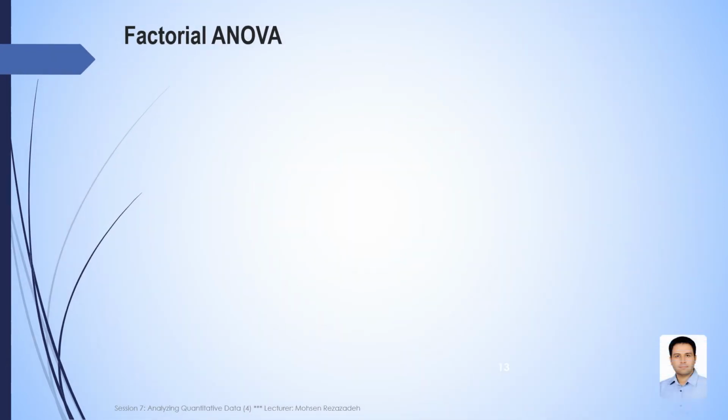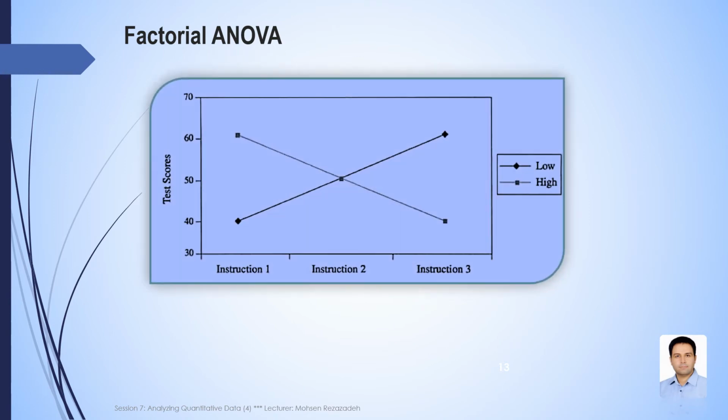As I said before, when there is more than one independent variable, the results will show main effects and an interaction effect, which is the effect of one independent variable that is dependent on the other independent variable. In this figure, we can see that there is not a straightforward relationship between test scores and instruction type.